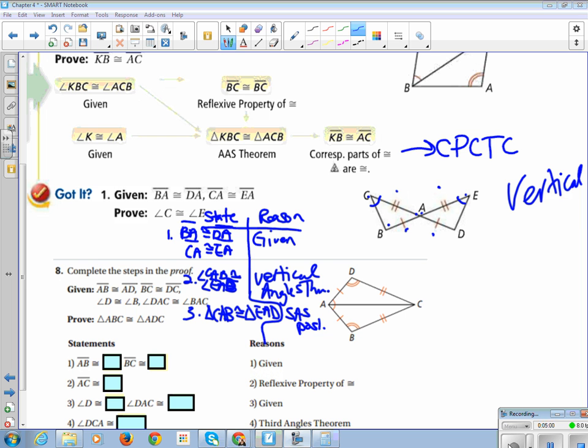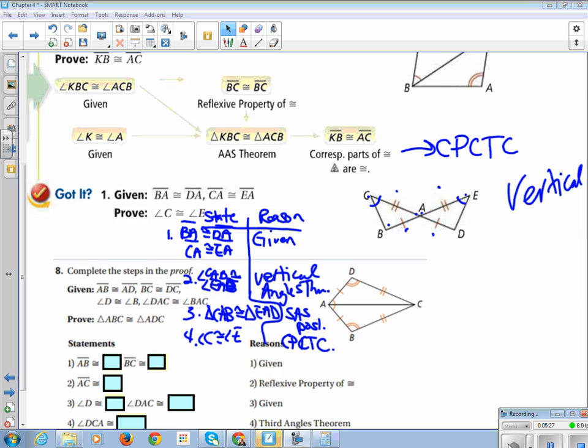I'm rolling right into this other shenanigans. And then 4 says, no, we can say that angle C is congruent to angle E because corresponding parts of congruent triangles are congruent. Once I prove my triangles are congruent, it's all on. Angle C is congruent to angle E.